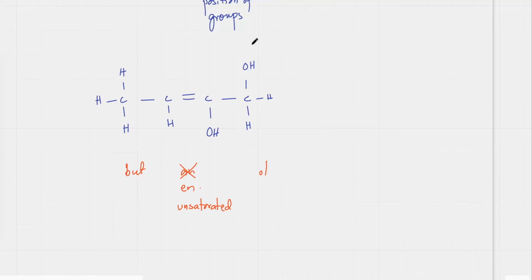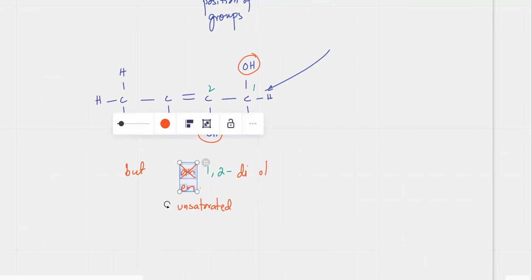And it's ol, and there are 2 of them, so that automatically indicates it's going to be a diol. What are the positions of the diol? I'm going to count from this side, smaller numbers, so that's 1 and 2 diol.